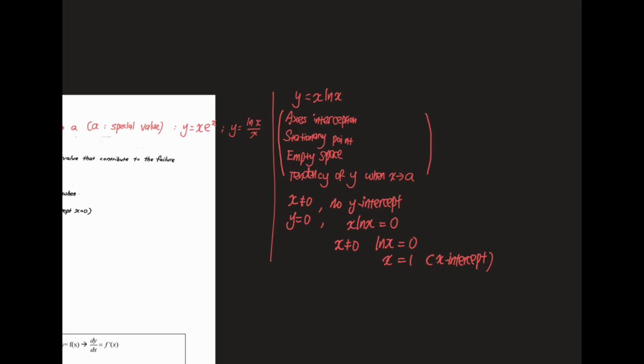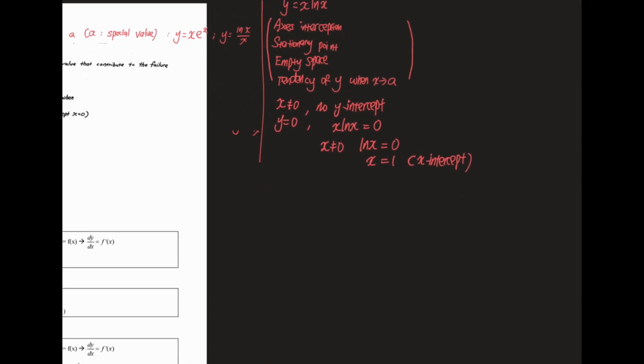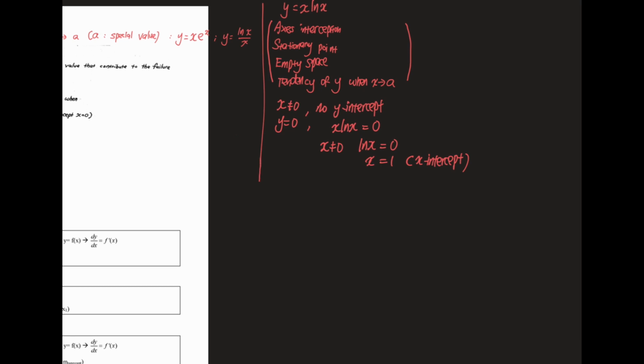Now the next one, we want to know the stationary point. To find the stationary point, we have to do differentiation. We have y equal to x ln x, so we have to use the product rule: x times 1 over x, plus ln x times 1.